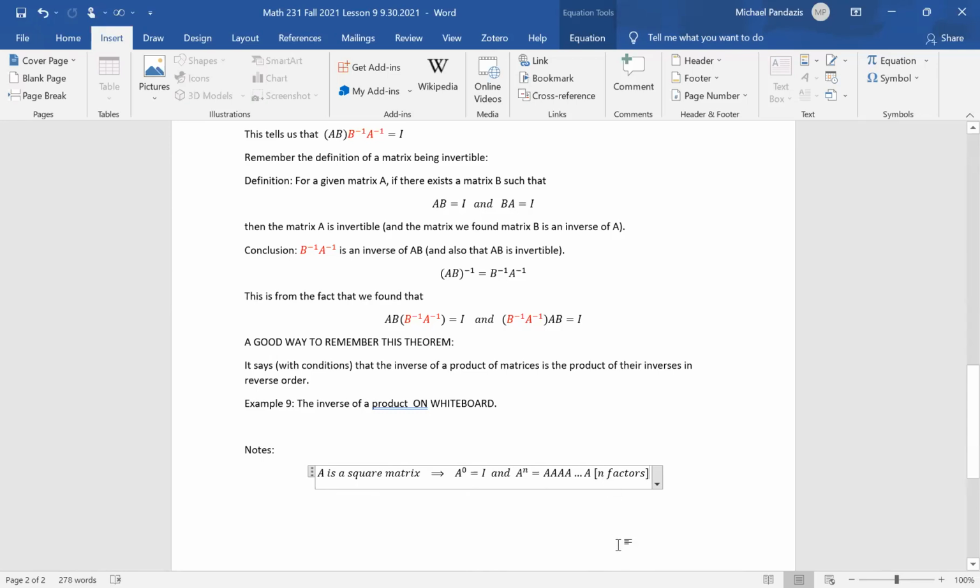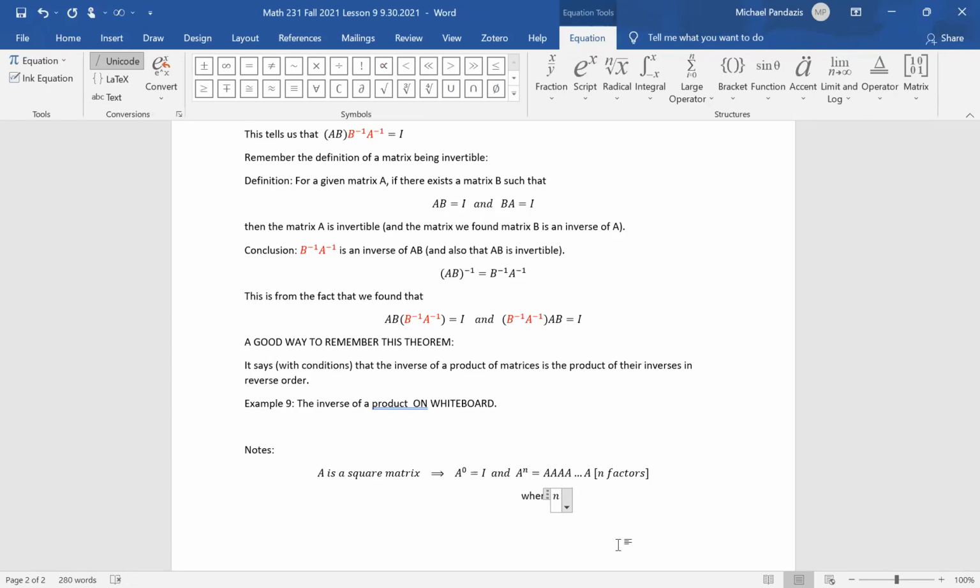And this is where n is a non-negative integer.